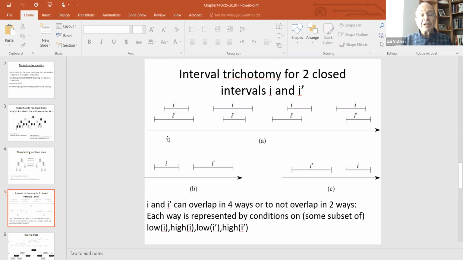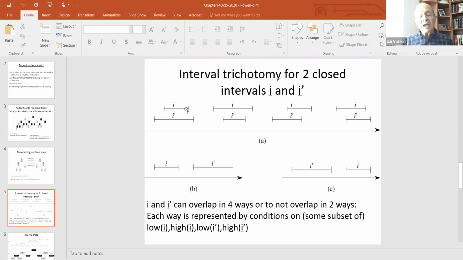So what does an interval on a straight line mean? It means that it has a low point and a high point. So if I have an interval, I can fully characterize it by the low point and the high point. So instead of having just a single number like with the keys, here any element has really two keys, low and high. And they fully characterize the interval, because the low tells me where it starts, the high tells me when it ends.